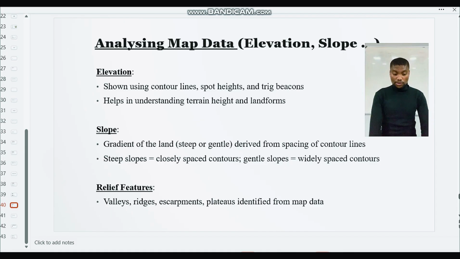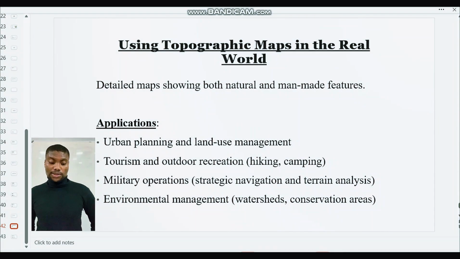Focusing on slope, it is the gradient of the land, whether steep or gentle. To test whether it is gentle or steep, we look at the spacing of the contour lines. When the gradient of the land is steep, you look at closely spaced contours, while for a gentle slope the contours are widely spaced.